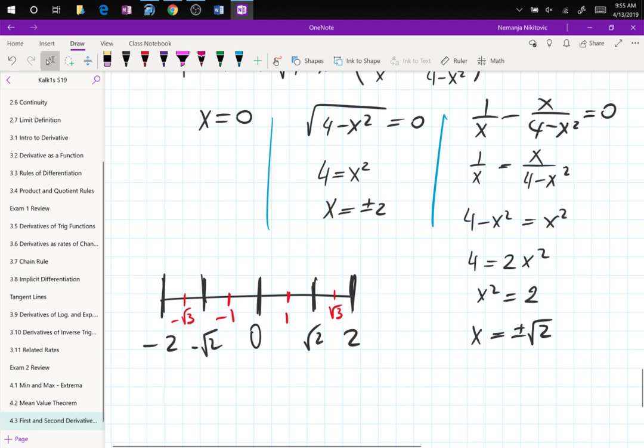So now we do our first derivative test for our first point, which is negative root 3. So f prime of negative root 3.